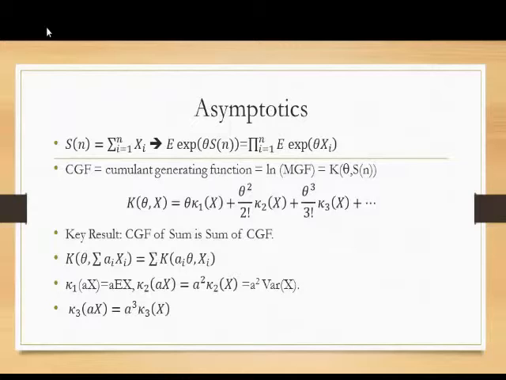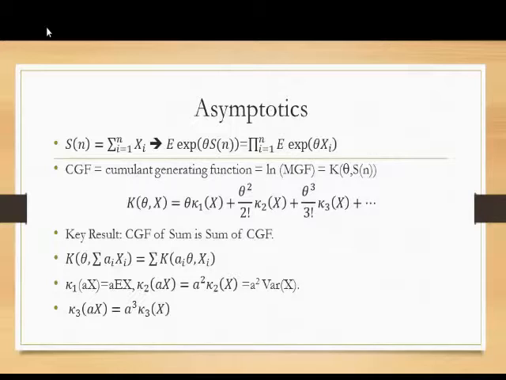The other important property of the CGF, first of all, what are cumulants? Just like we can expand the Taylor series of e to the theta X as 1 plus theta X plus theta squared over 2 factorial times X squared and so on, which we have just done, you can write the Taylor series of K(theta), which is the log of that.